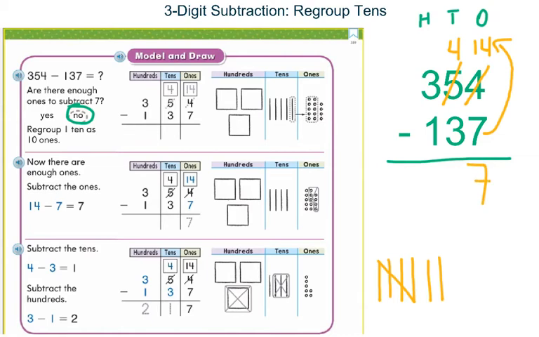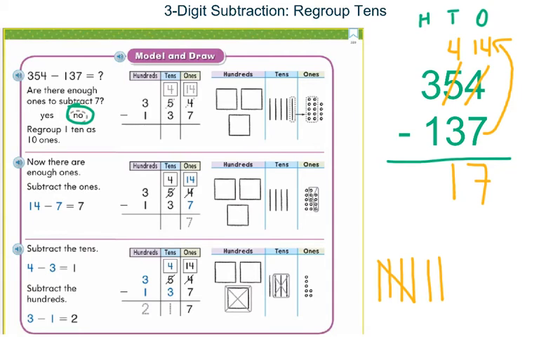Now, we have to work in the tens. Are there enough tens to subtract? Yes. 4 minus 3. How much is 4 minus 3? 1. Correct. Now, we subtract the hundreds.